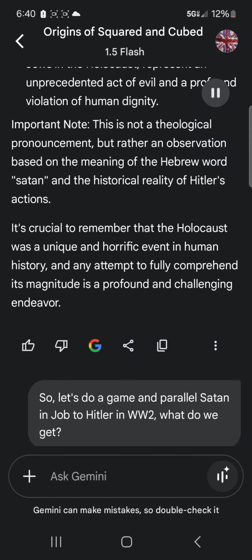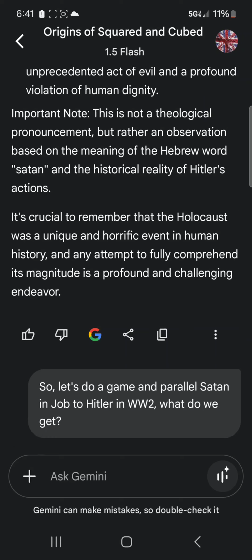Important note. This is not a theological pronouncement, but rather an observation based on the meaning of the Hebrew word Satan and the historical reality of Hitler's actions. It's crucial to remember that the Holocaust was a unique and horrific event in human history, and any attempt to fully comprehend its magnitude is a profound and challenging endeavor.